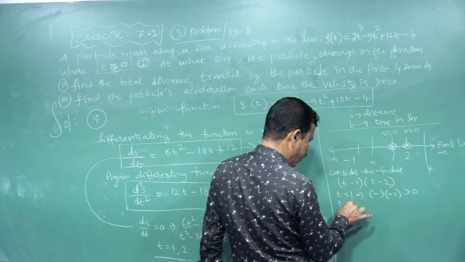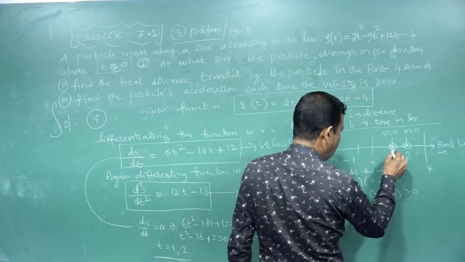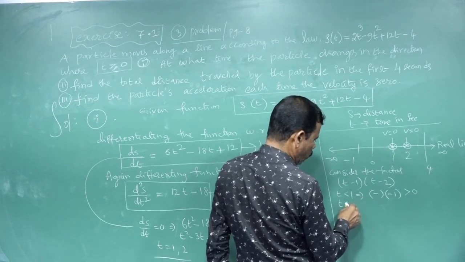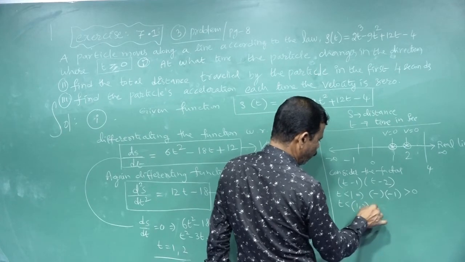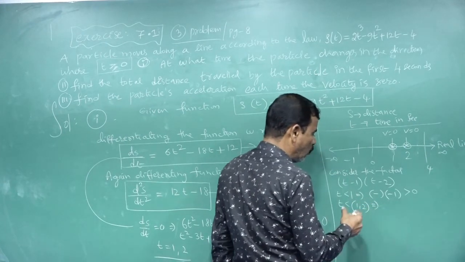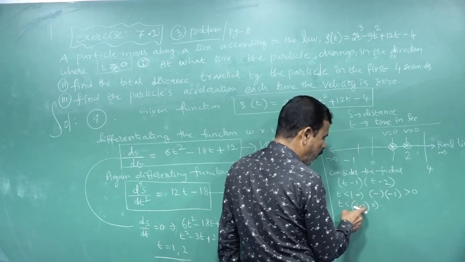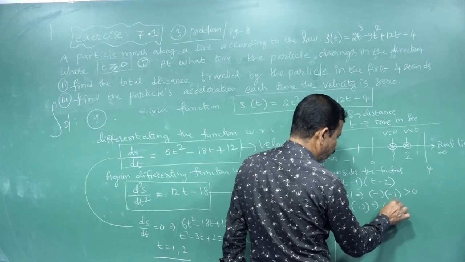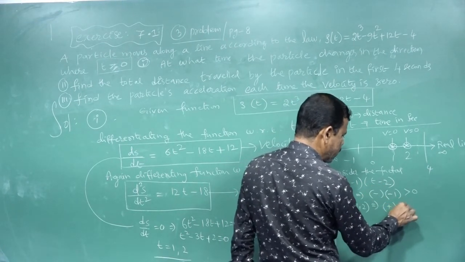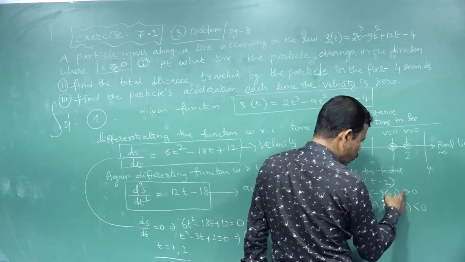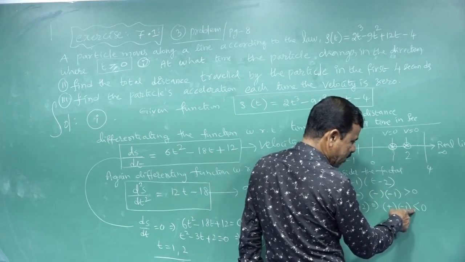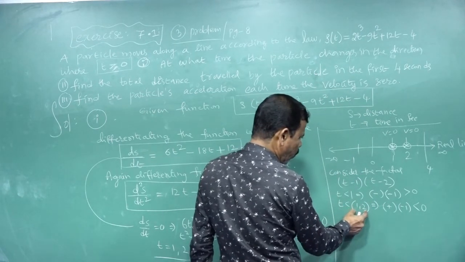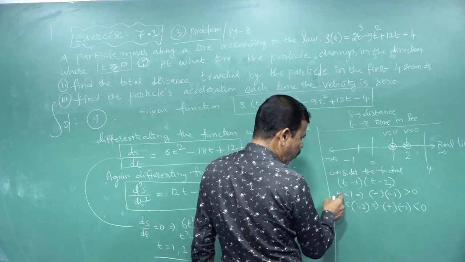Next, t lies between 1 and 2. Consider 1.5: 1.5 minus 1 is 0.5, positive, and 1.5 minus 2 is minus 0.5, negative. So the product is less than 0. Here it is greater than 0, here less than 0, so in between 1 and 2 the value is negative and below 1 it is positive.